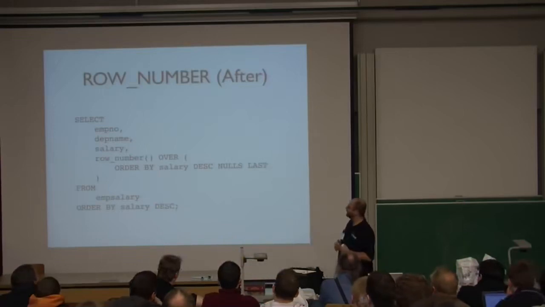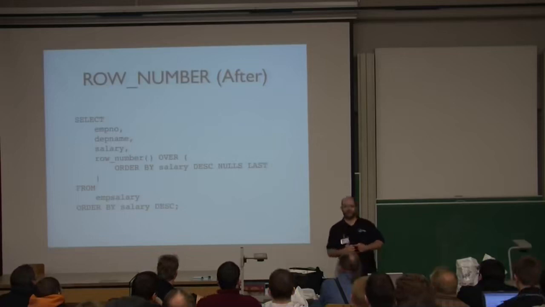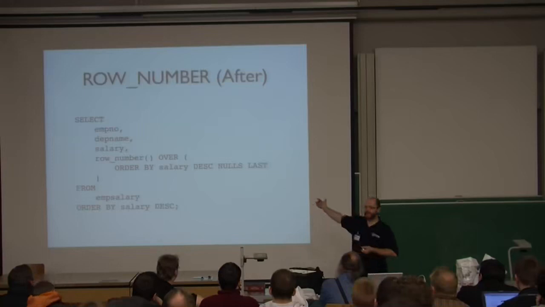So if two employees have the same salary, what's going to happen here? Anybody? First. Okay, yeah, the answer was first one gets first, but since we haven't defined an ordering here, it's unspecified and you will not be able to reproduce the result, or you won't be able to guarantee that you can reproduce the result.